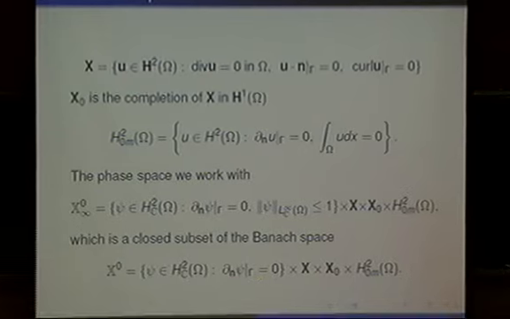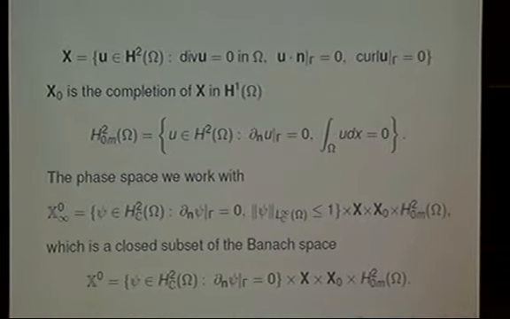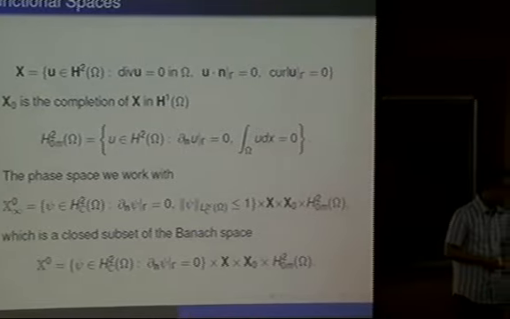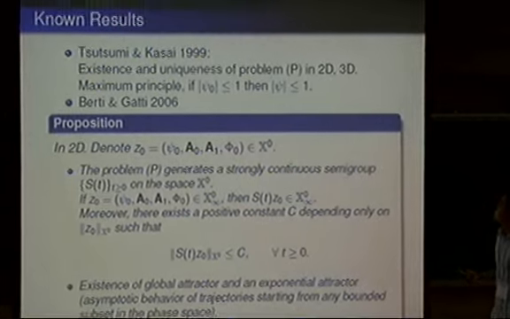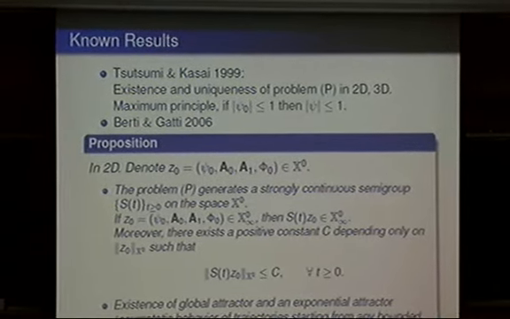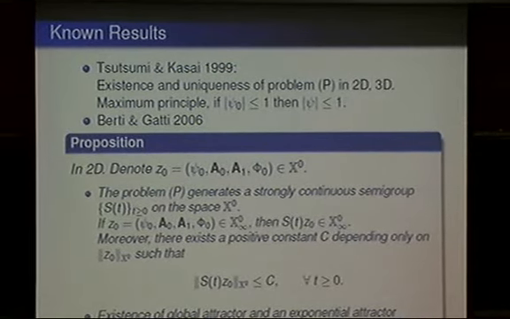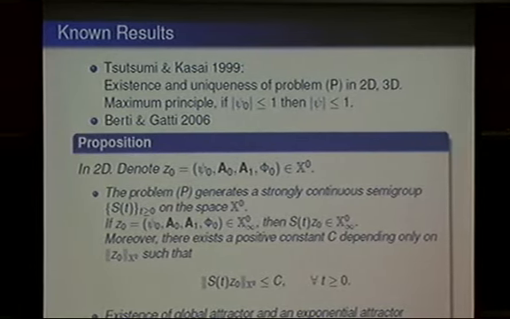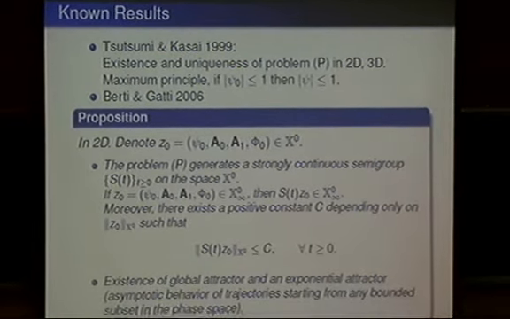And we notice that the phase space we work with has a constraint. This is because our system has a certain kind of maximum principle. Some known results: in 1999, Tutumi and KAIST used the Galerkin approximation method to prove the existence and uniqueness of the problem, both in 2D and 3D.